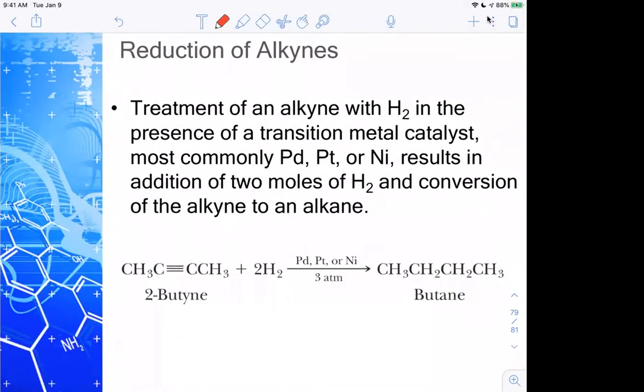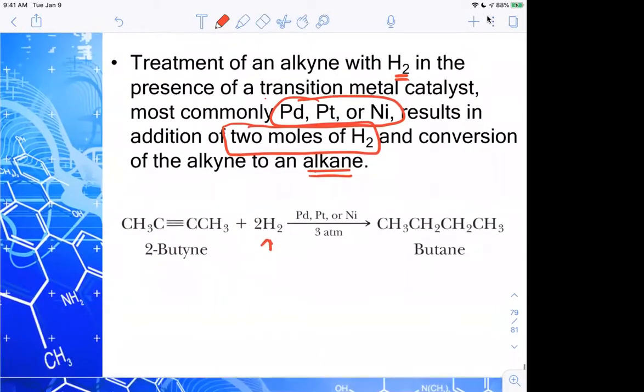Alkynes can also be reduced with hydrogen, as we've seen when I introduced hydrogen. If I treat an alkyne with H2, and again, I need my transition metal catalyst, I can use 2 moles of hydrogen and go down to the fully saturated alkane. If I have enough hydrogen, this is going to go. Obviously, the first thing that happens is I go to either the cis or the trans alkene.